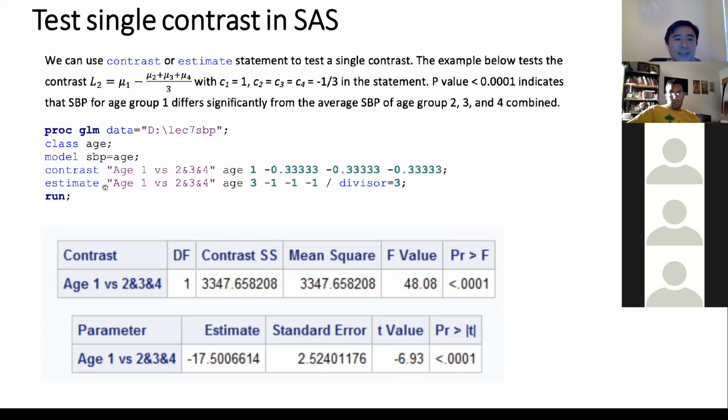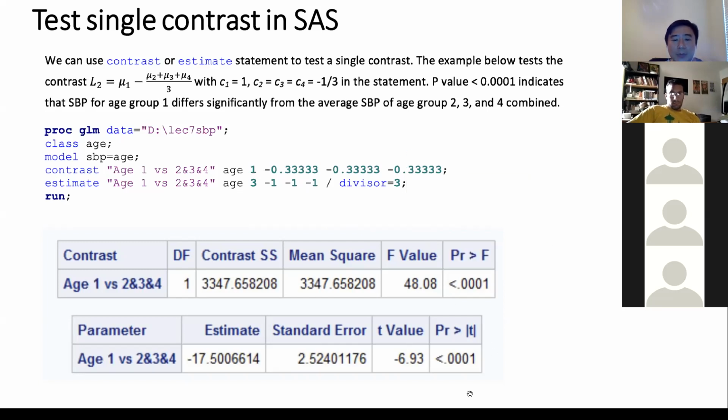Or you can use the estimate statement and give integer numbers. In the contrast you can give any number, but if you want to use estimate, you have to give integer numbers and then give a divisor. But they end up being the same thing.